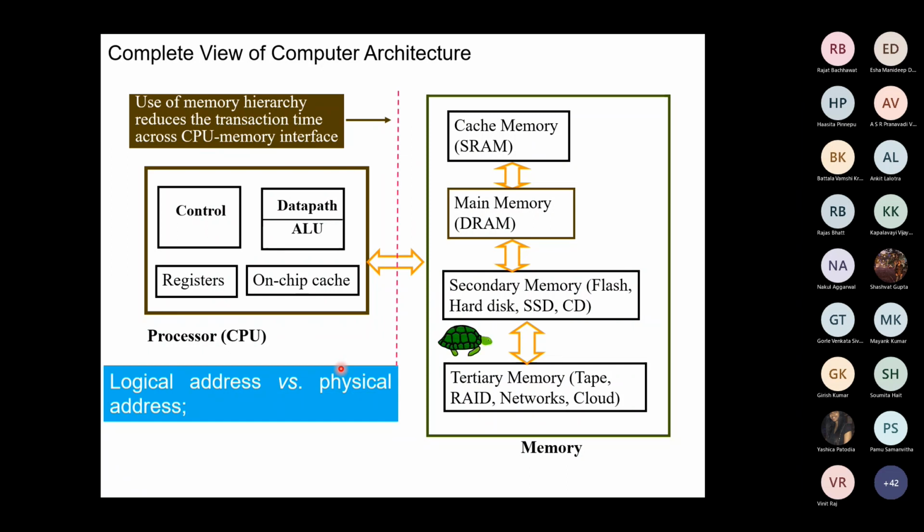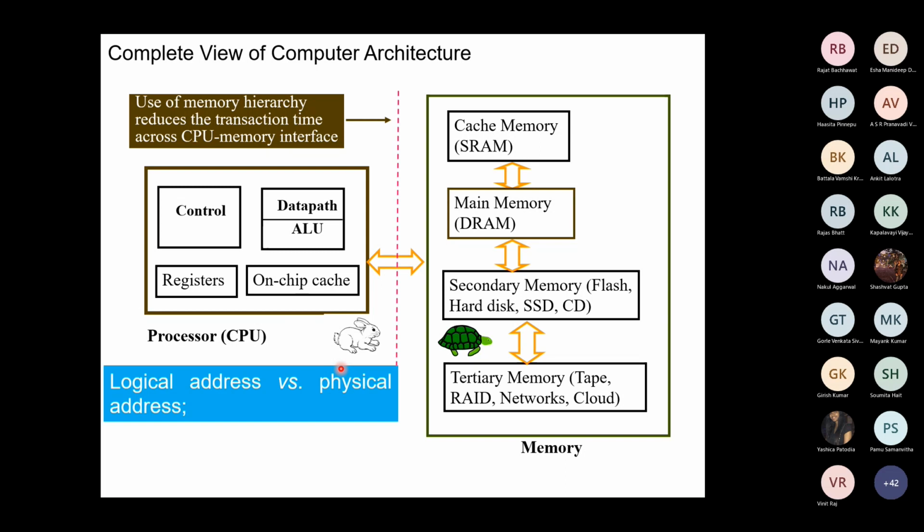As we have just discussed, the hard disk is a very slow process. On the other hand, on the processor side, the CPU and this logic are faster devices. So there is an inherent speed mismatch.